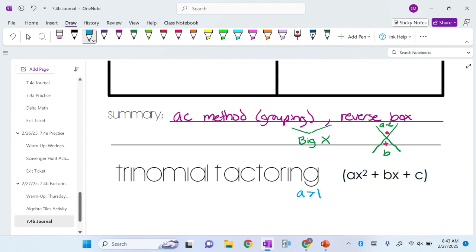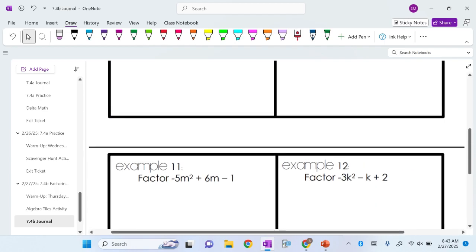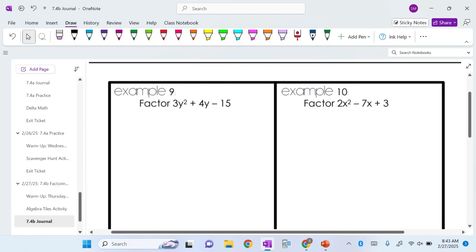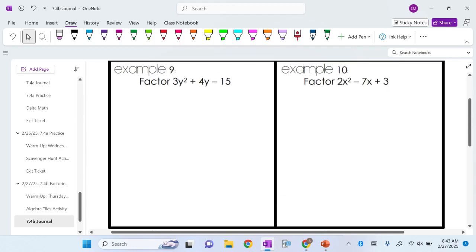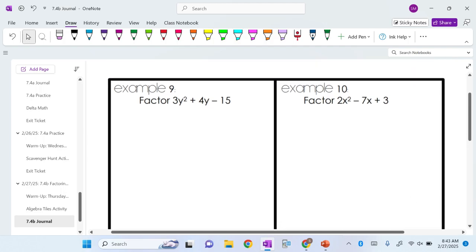Because sometimes with the reverse box method, you kind of have to use a lot of context clues and implying a little bit. All right, so let's try some examples here. I'll do one with reverse box, the other with AC.